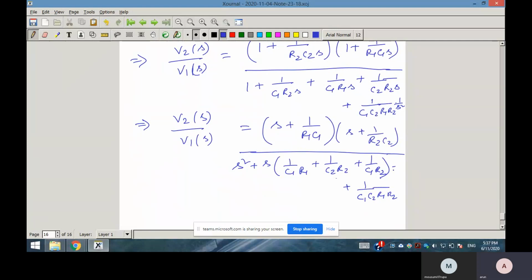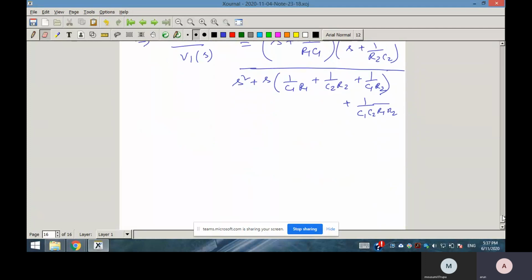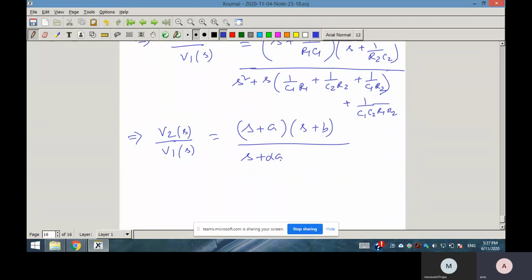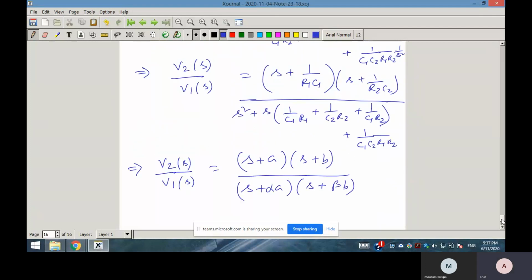So here plus means, okay, not additionally. It means that 1 divided by C1 C2 R1 R2 is a part of the denominator polynomial. So V2 by V1, if you want to write it like this, equals (s plus a)(s plus b) divided by (s plus alpha a)(s plus beta b), because alpha beta equals 1.